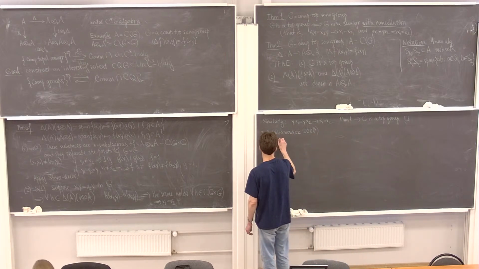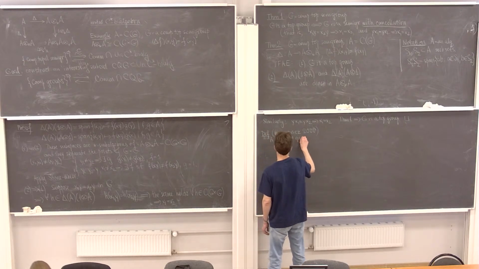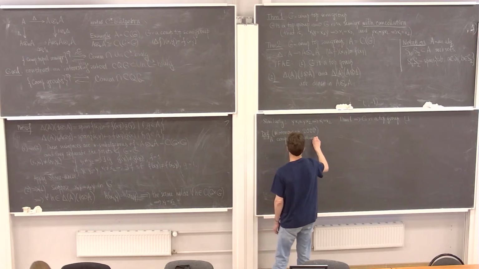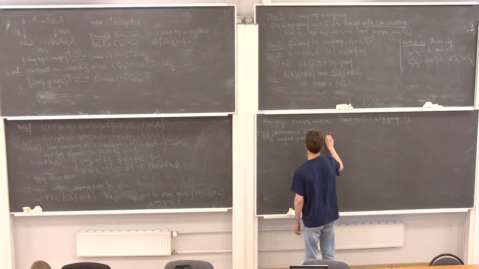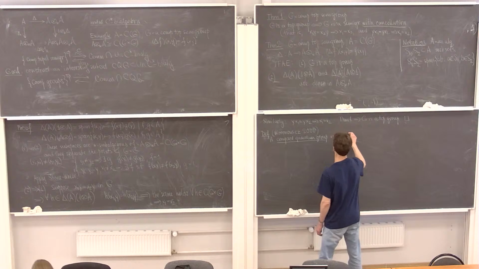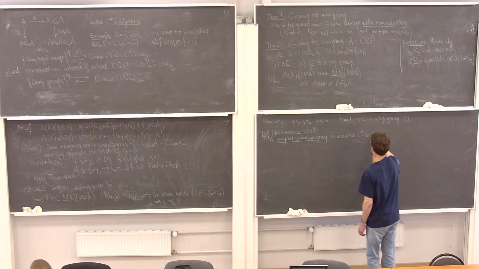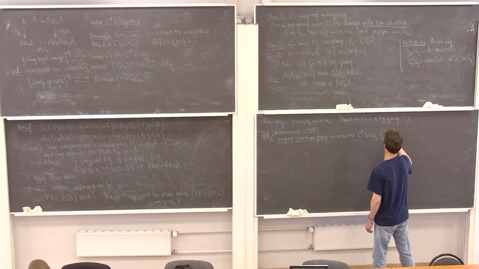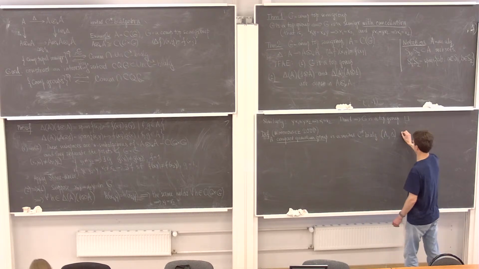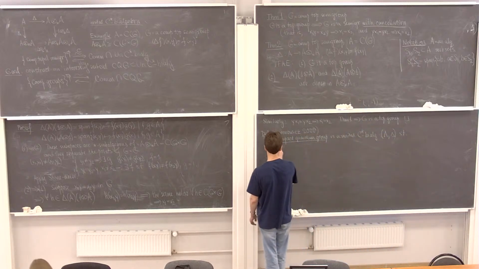A compact quantum group is a unital C-star algebra (A, delta) such that these subspaces are dense in the tensor product.